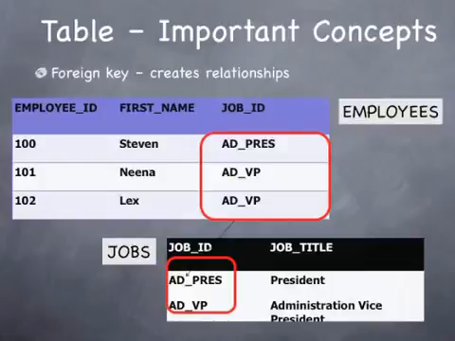Now what is important to observe is that the values in the job ID column of the employees table are all existing values in the job ID column of the jobs table. There is a relationship being created by the data in these two columns. Now if we say that an employee must hold a known job, then the values taken by the job ID column of the employees table must be found at all times in the job ID column of the jobs table. Here the foreign key column is the job ID column in the employees table.